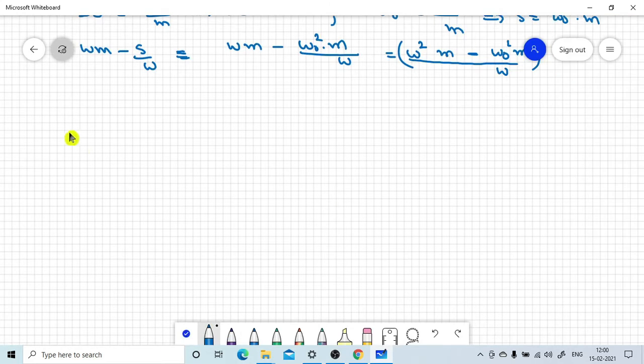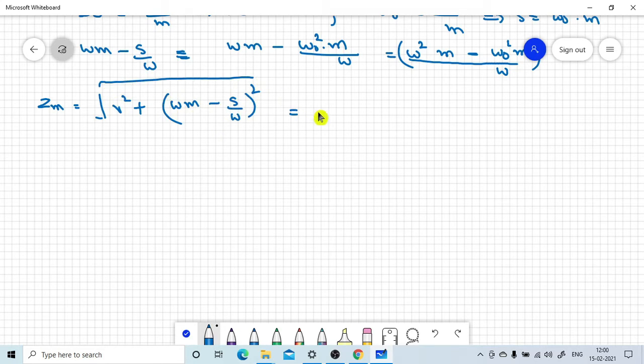That value is Zm, which is equal to the square root of r square plus omega m minus s by omega, whole square.